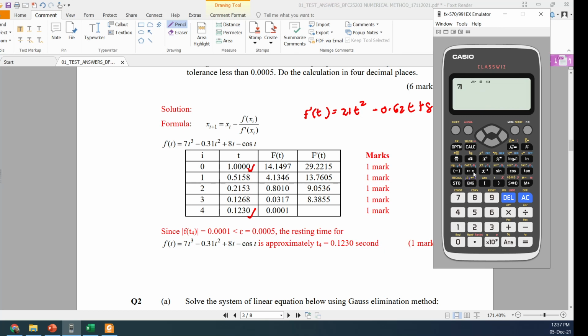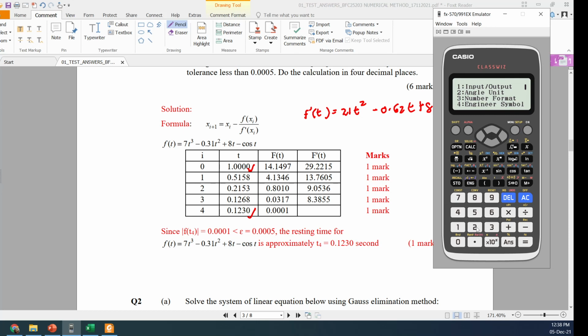So 7x cubed minus 0.31 alpha x squared plus 8 alpha x minus cos alpha x. Calculate. X is 1. 14.1497.